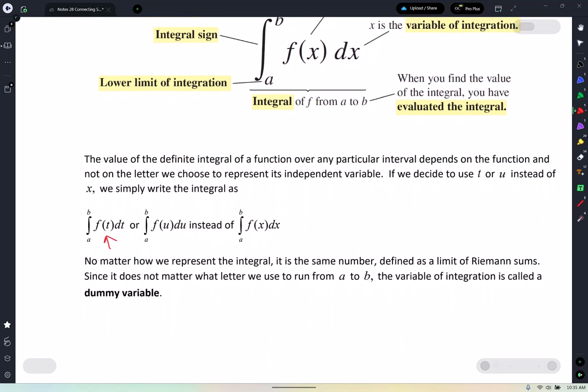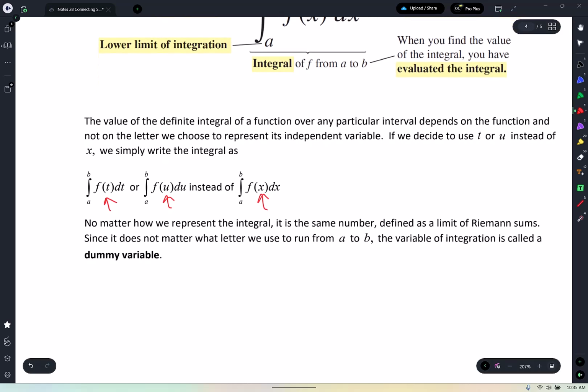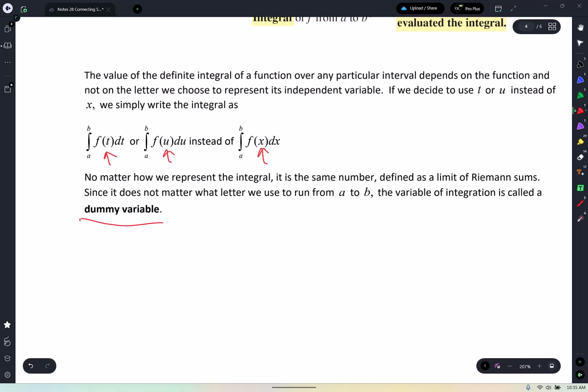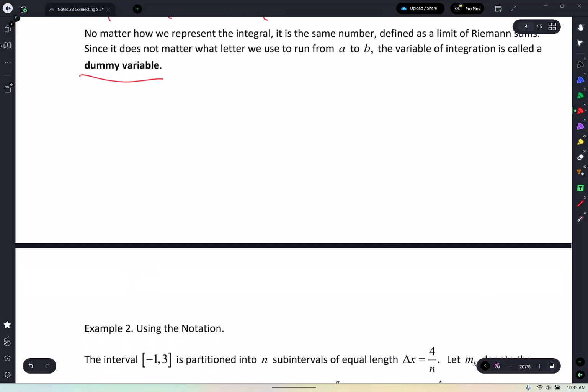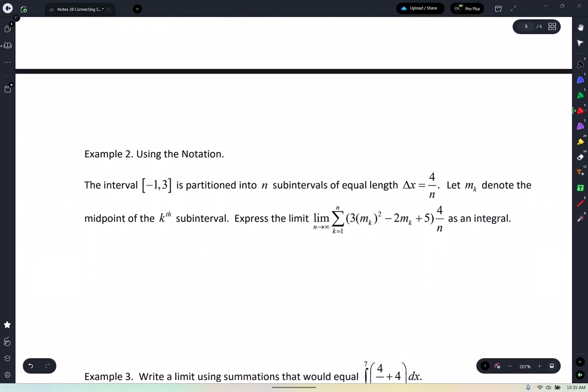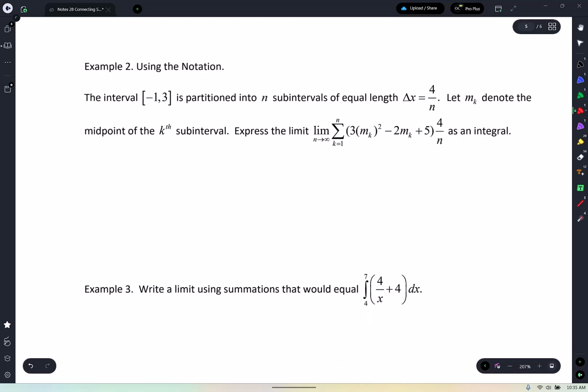Then we just talk about the dummy variables. It doesn't matter what you call it. Don't worry, you can read that later on. It's not necessarily detrimental to us right now. Okay. Don't worry, we're going to go slow, guys.